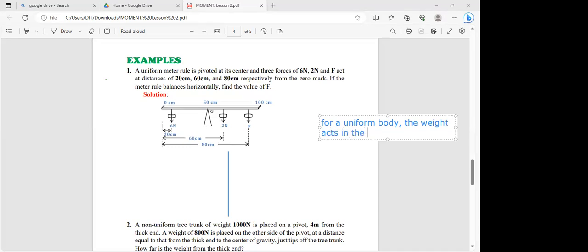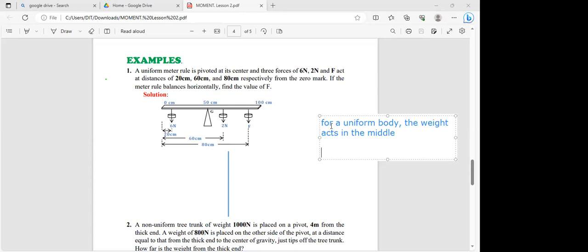That is one. So if they talk about a uniform meter rule, a uniform something, its weight will always be in the middle of that body.